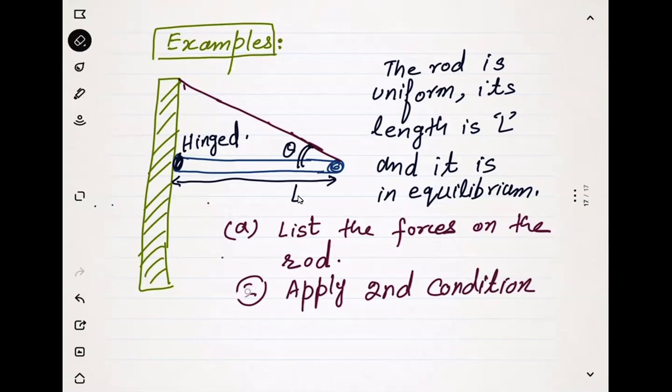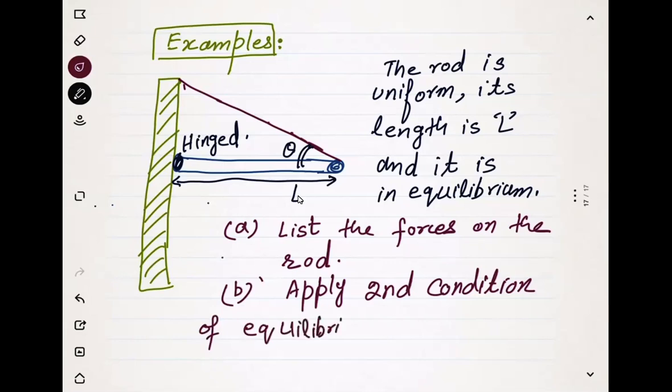This is the B part. Apply the second condition of equilibrium to relate mg and the tension in the rope T. So if you want to relate mg and tension, then apply the second condition of equilibrium.